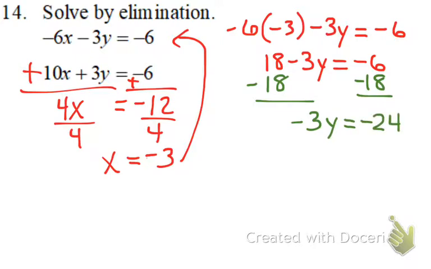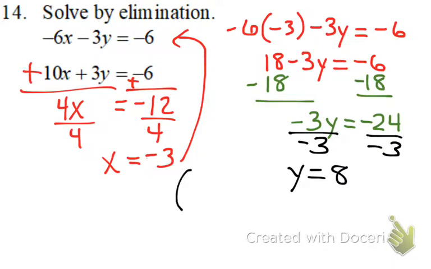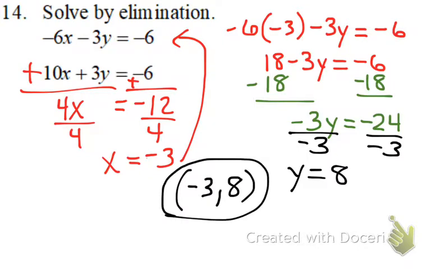Get negative 24, divide by negative 3 on each side, and you get positive 8. You can check it by plugging it back in. So our solution is negative 3, 8. These are intersecting lines, and they intersect at that point.